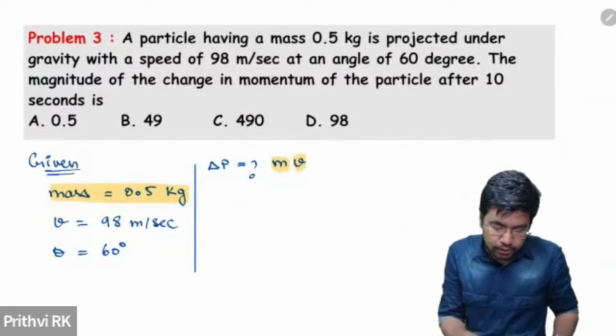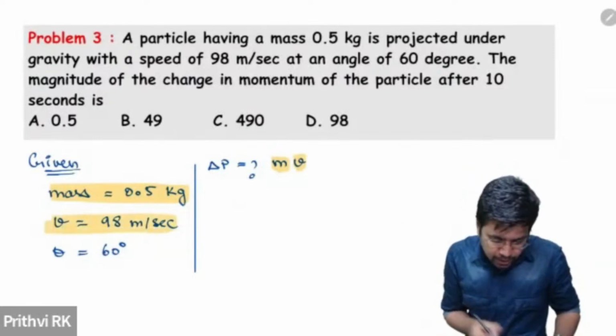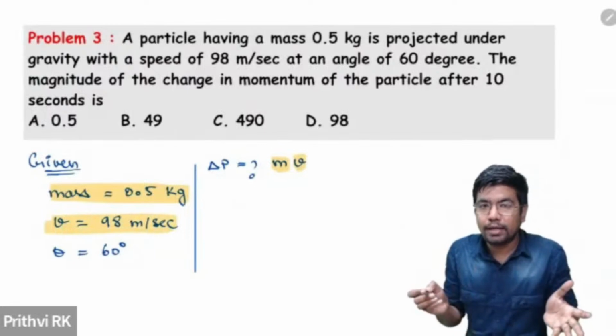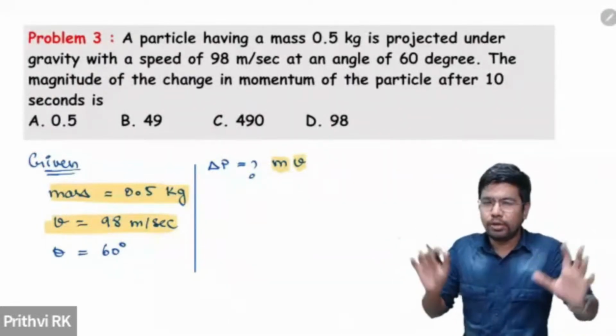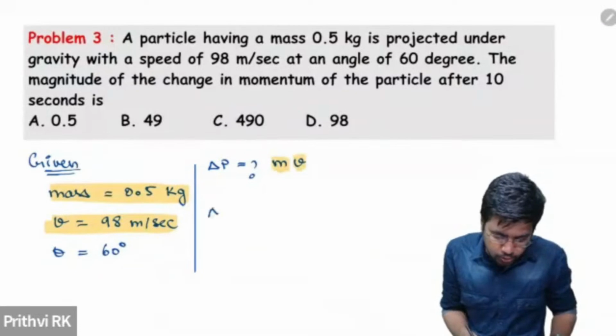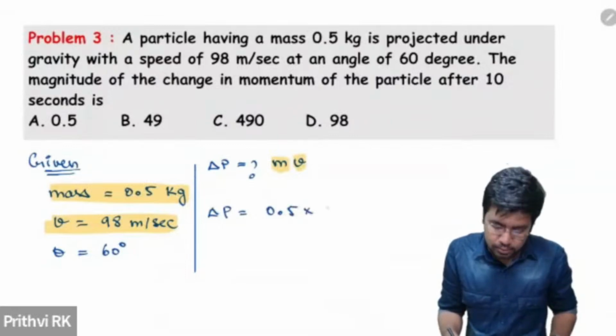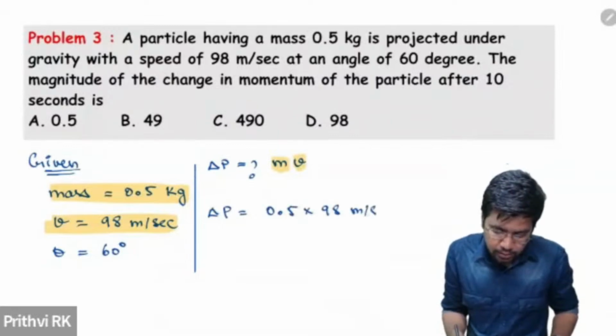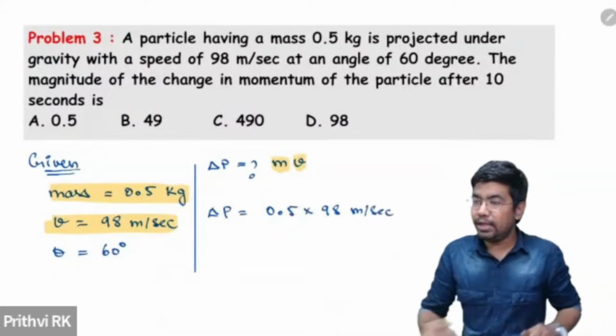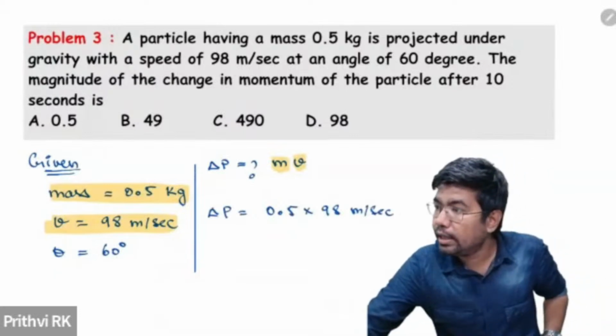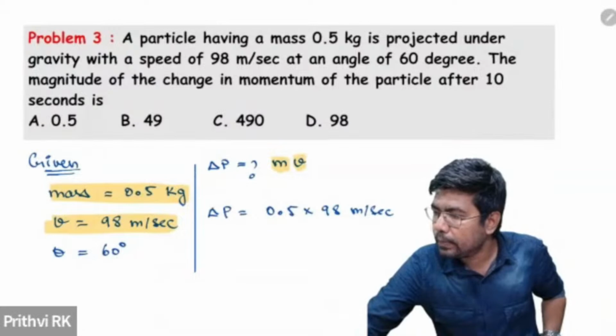They have given the velocity as well as mass, so simply you have to directly multiply and tell me the answer. Can you try it? Change in momentum is equal to 0.5 into the value for velocity here, 98 meter per second. So what will be the answer? I'm going to look at the chat so that I can find your answers here.